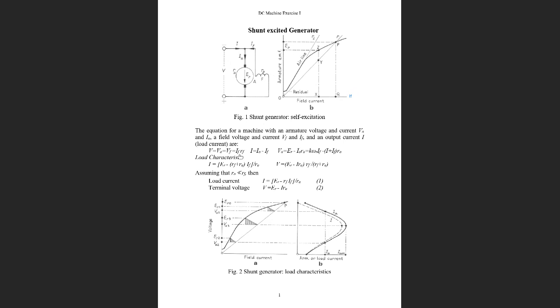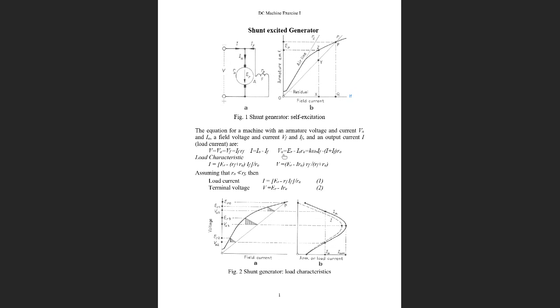In the field circuit, the field current IF flows through the total resistance RF, so VF equals IF times RF. These voltage equations can be easily figured out from the circuit. Also, the loading current I equals the armature current minus the field current.